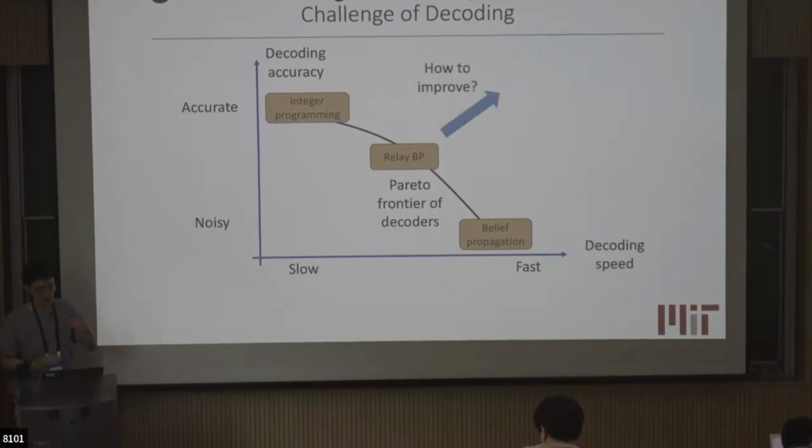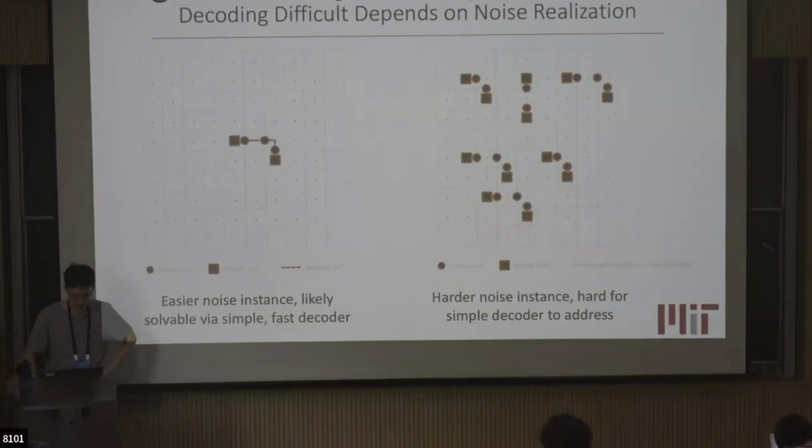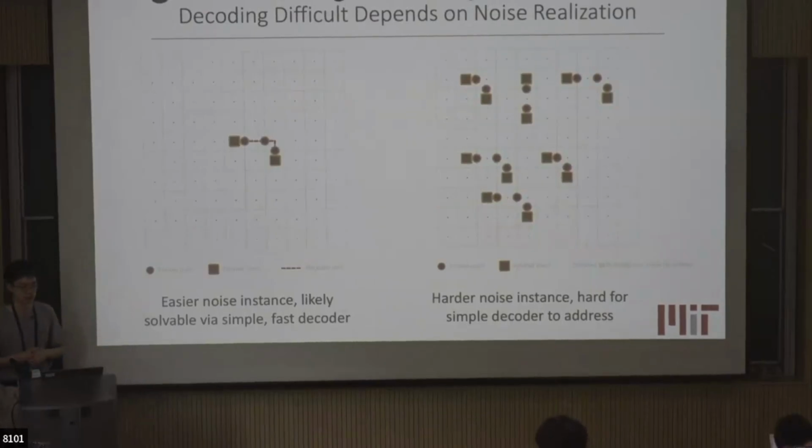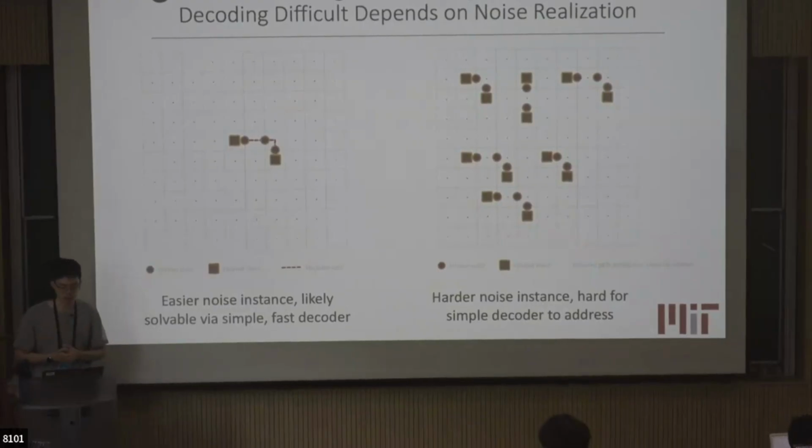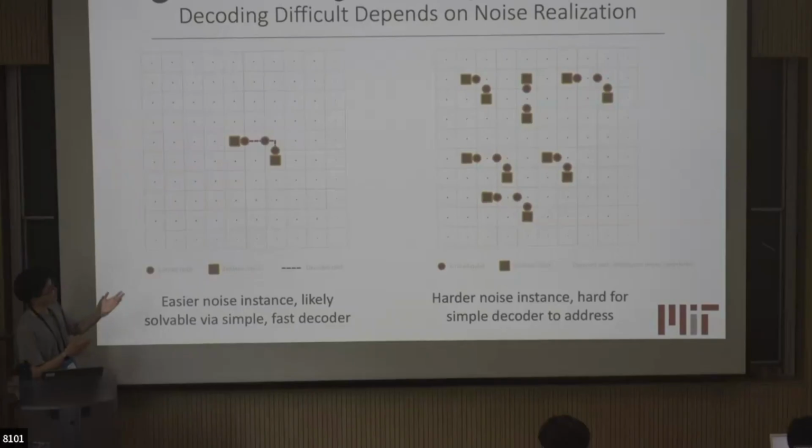So what we would like to do is to sit at a better point on this Pareto frontier. The key observation is that the difficulty of decoding a given shot depends on the noise realization. If you're looking at a noise instance that didn't have that much noise drawn for it, then you can probably decode it with a relatively simple, fast decoder, whereas a harder noise instance will be much harder for this simple decoder.